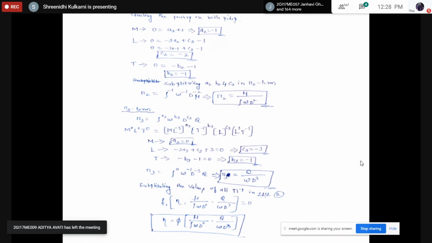Once you have completed pi3, which is equal to q divided by omega into d cube, give confirmation.